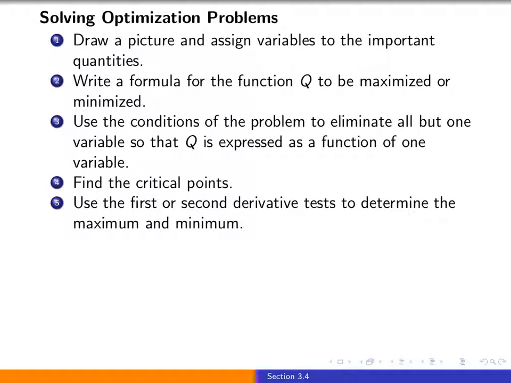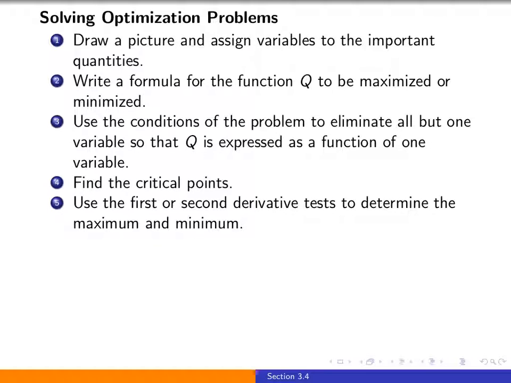In this video, we will look at two more very typical optimization problems. But before diving into the problems, let me remind you of the overall procedure. We read the question, fully understand it so that we can draw a picture and assign variables. Once we have done so, we want to think about what quantity, call it Q, that we would like to maximize or minimize, and we write a function for it.